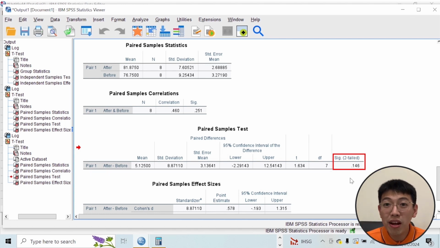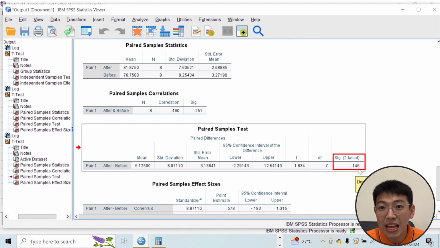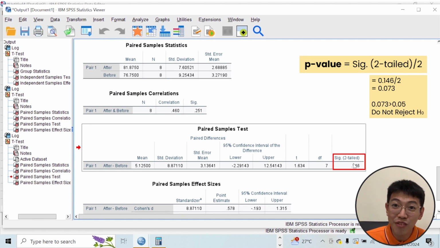How to find the p-value for one-tail? Divide the Sig. 2-tailed by 2. 0.146 if we divide it by 2 becomes 0.073 or 7.3%. 7.3% is higher than the significance level 5%. Therefore, we should not reject H0.